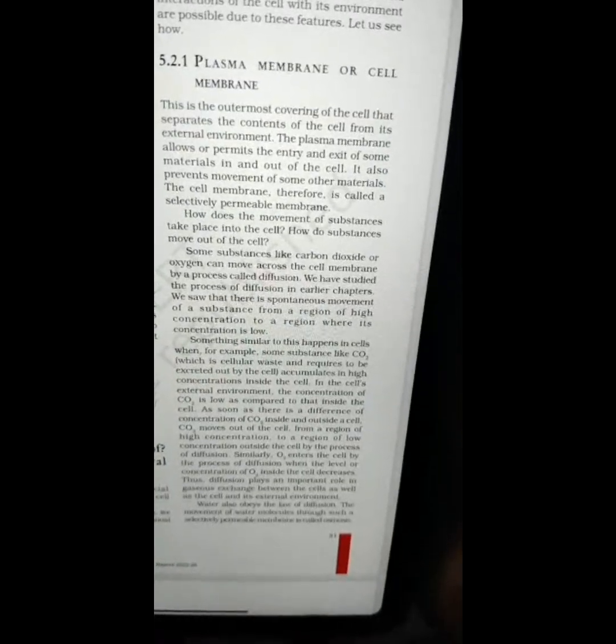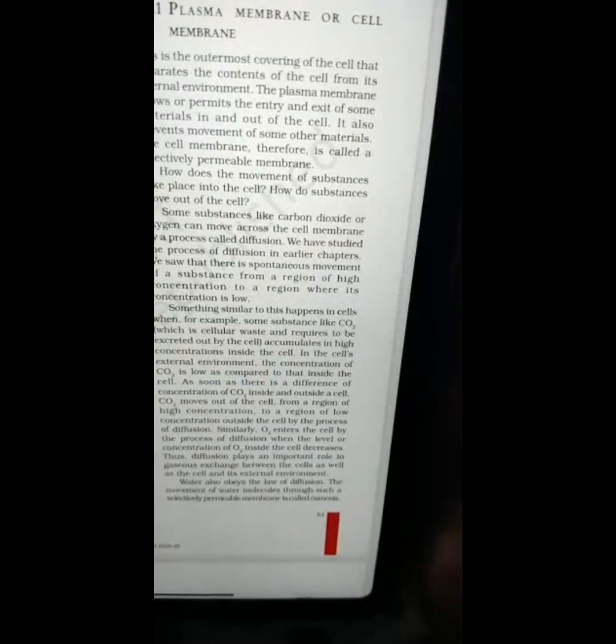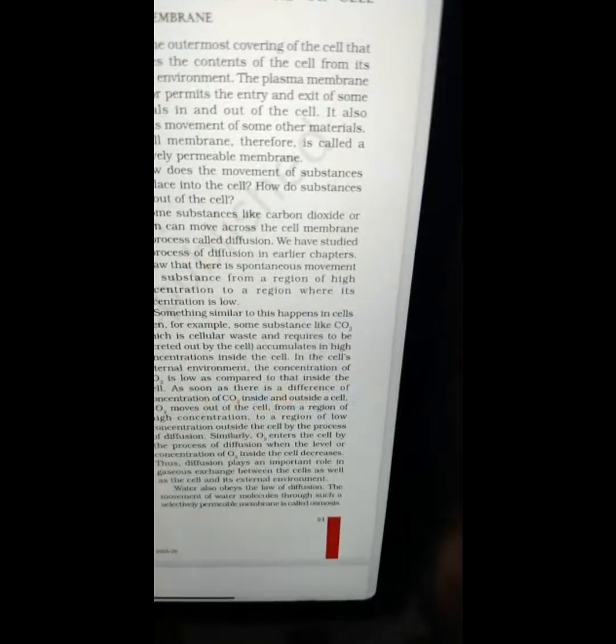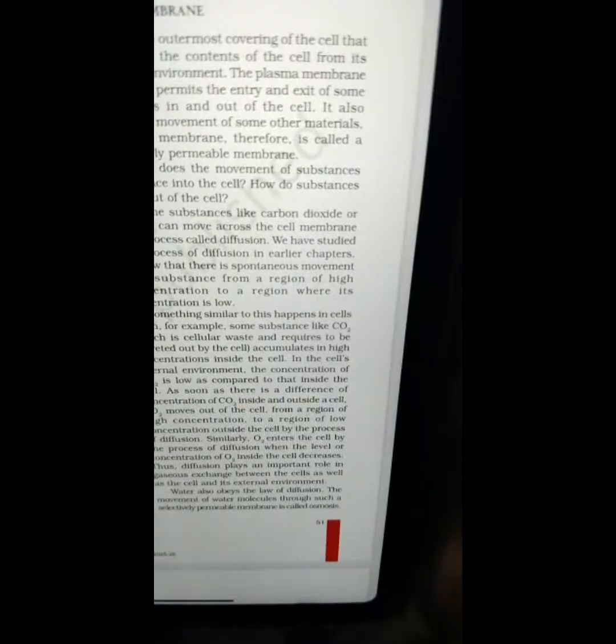Something similar to this happens in cells when, for example, some substance like CO2, which is cellular waste and requires to be excreted out of the cell, accumulates in high concentrations inside the cell. In the cell's external environment, the concentration of CO2 is low as compared to that inside the cell.